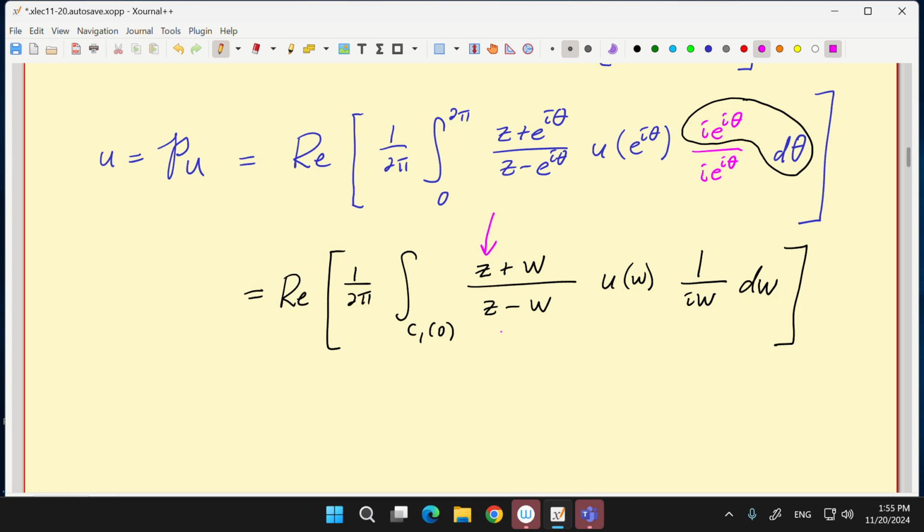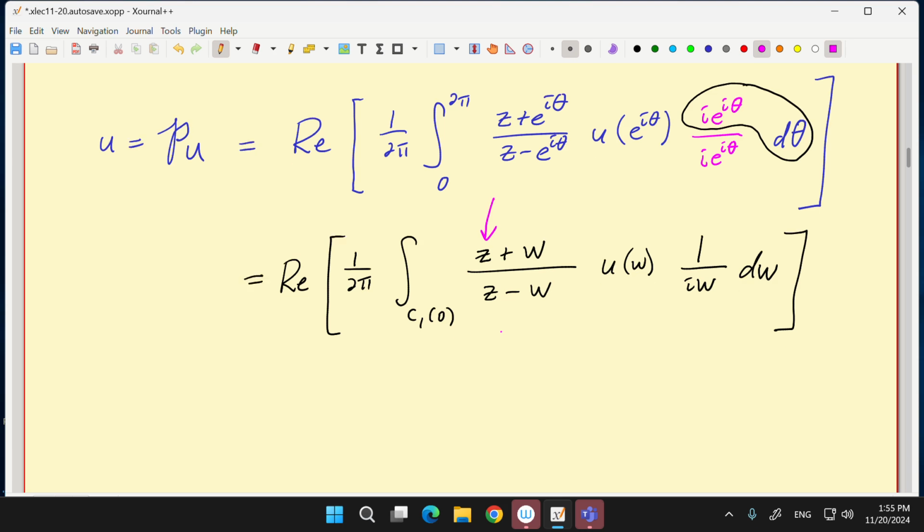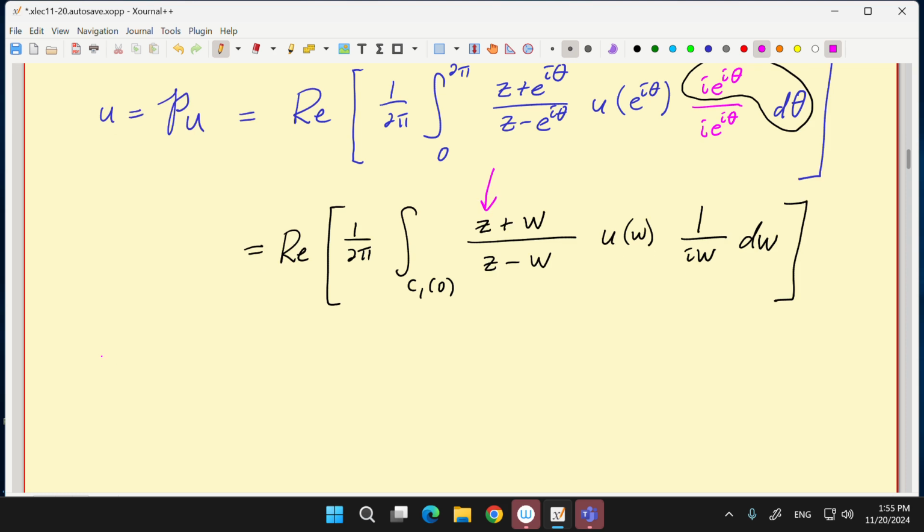I could even use homework 2, problem 1 to see that. But a fascinating thing: this looks a lot like a Cauchy integral. Homework 2, problem 1.